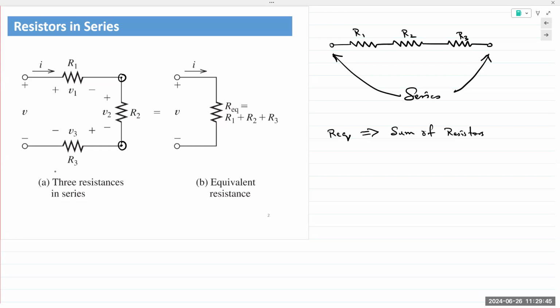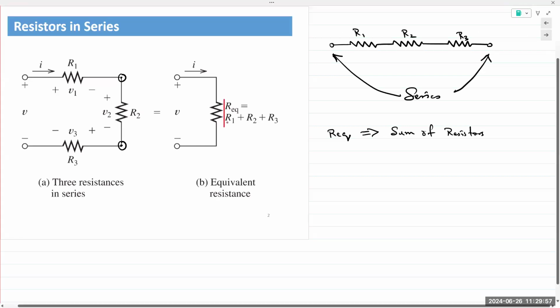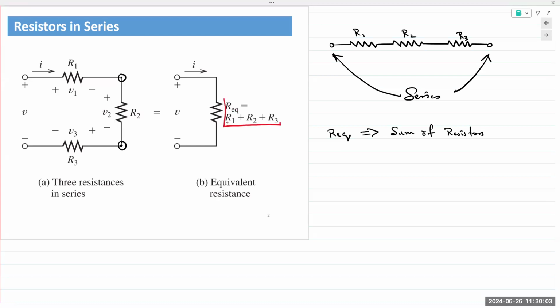And you can find the total equivalent resistance, REQ, as R1 plus R2 plus R3. Okay, total REQ is simply the sum of all the resistors in that combination.